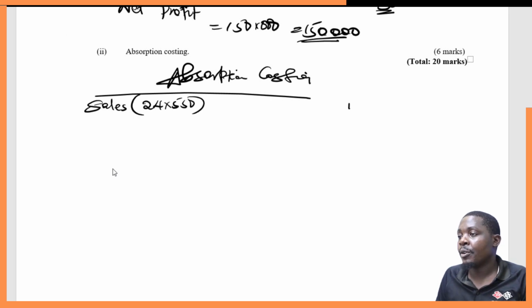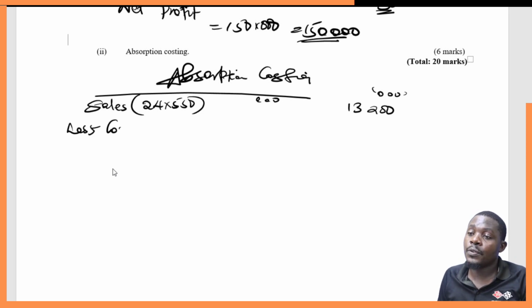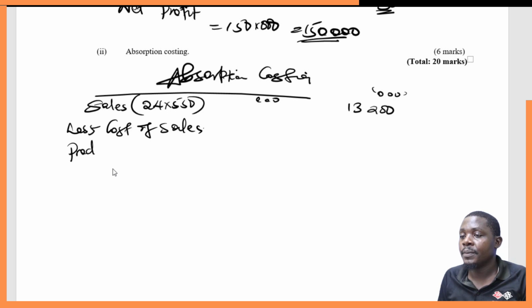We did that and we got 13,200. We less cost of sales, which we start with the production.